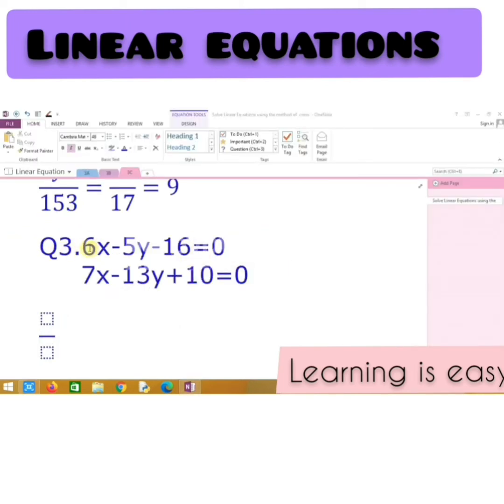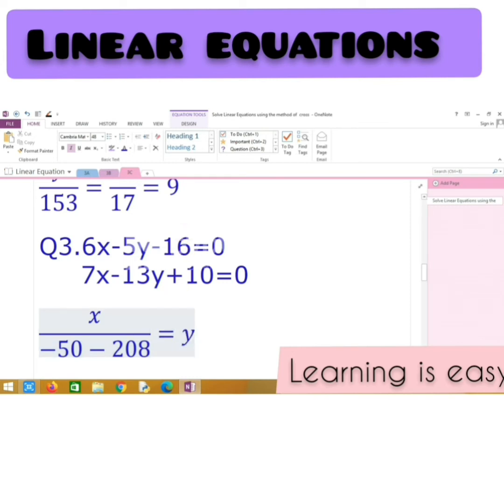Next, question 3. Two linear equations are given here: 7x minus 13y plus 10 and 6x minus 5y minus 16. So x by 5 tens are minus 50. 13 into 16, it's minus of plus, so it's minus again, 208.